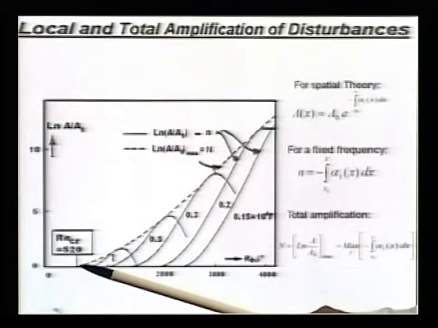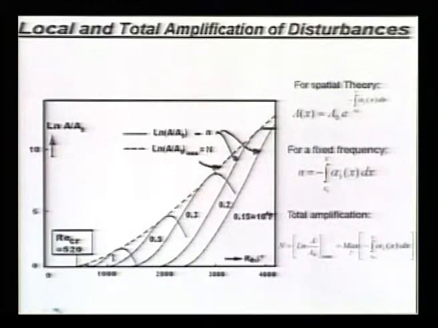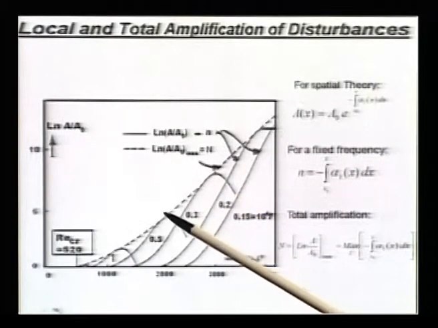And what we find is that all this begins at that Re critical we talked about, close to 519 or something, or here we have written 520. Now, what happens is different frequencies are given by this sort of curve. So, I could draw an envelope shown by this dotted line, and this dotted line is basically a locus of all these different maxima that we have for different frequencies.